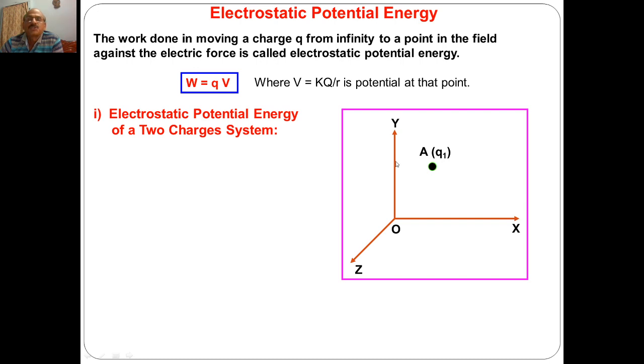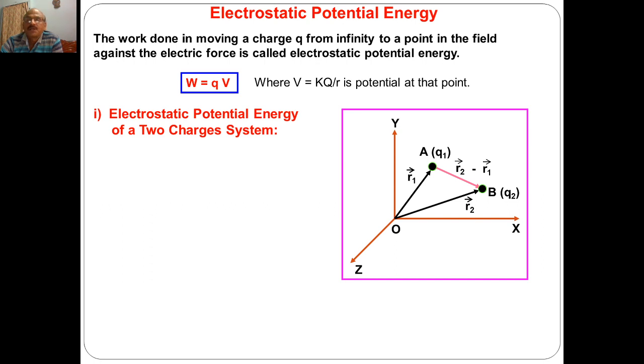But now in this system charge q1 is present, so due to charge q1 there will be electrostatic field all around. Now another charge q2, which is at infinity, is brought to point B with position vector r2. So by vector we can say the distance between AB is vector r2 minus vector r1.